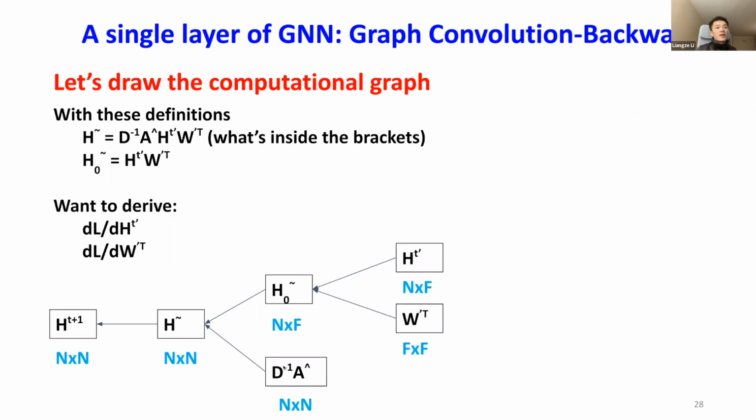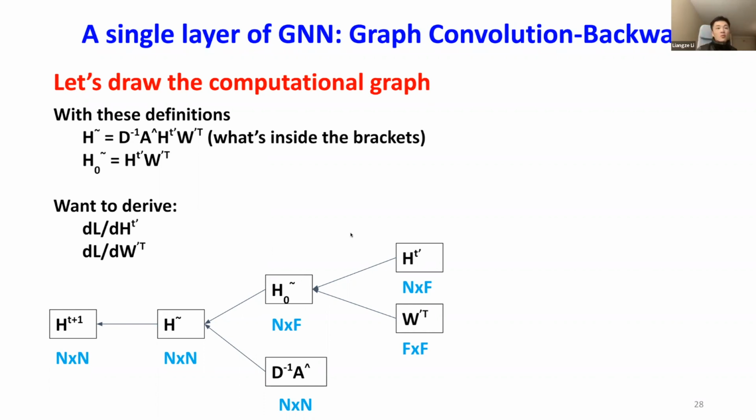And then you multiply that with d inverse and then a hat, and that gives us h tilde, and then we apply the activation in here to give us the final h of t+1. Okay, so this is the forward pass direction of the computation.